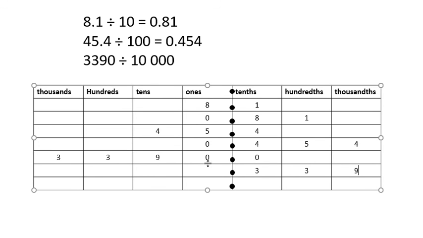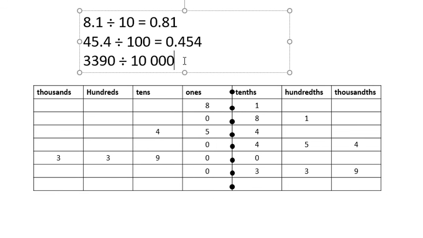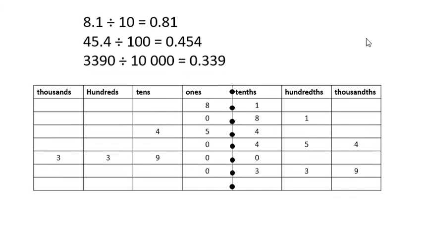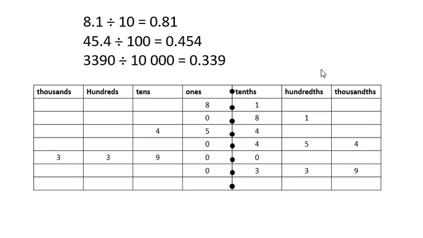And if we wanted to carry it out, they're both zeros here, but we would have another column of ten thousandths, which would be 0, and then another column of hundred thousandths, 0. But we don't need to write those down because they're both zeros. So 0.339 is our quotient.